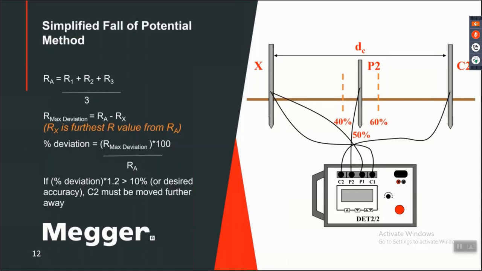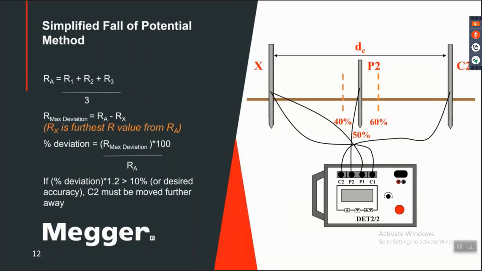If you see this slide, if 1.2 times this percentage is less than your desired test accuracy, then RA can be used as the test result, the valid result. So you can use the RA value for your true measurement, as long as 1.2 times the percent deviation is less than your desired percentage.